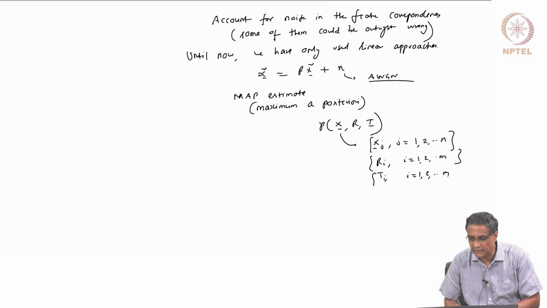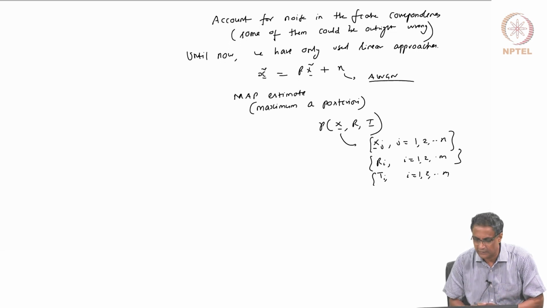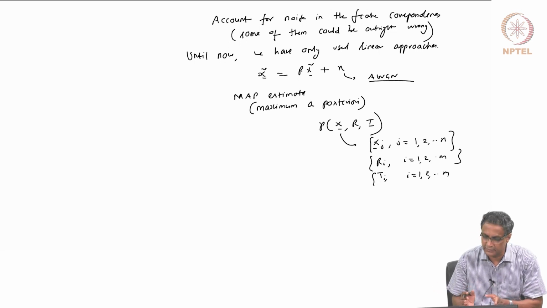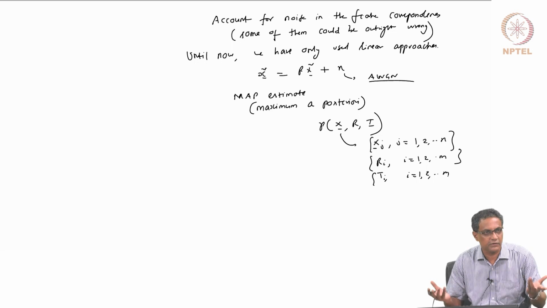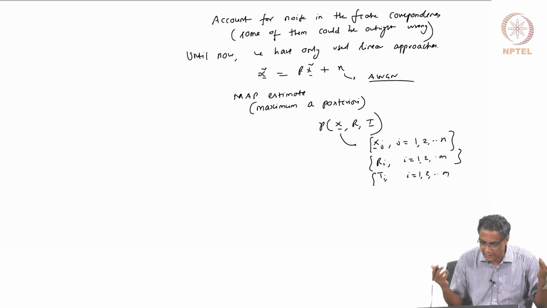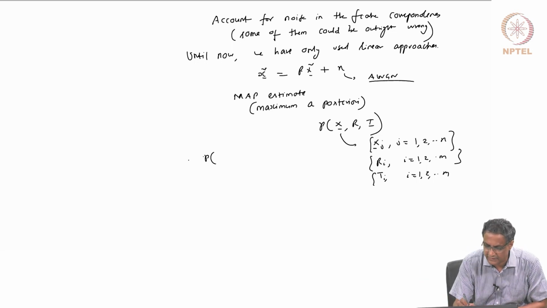And the idea is that when you say maximum a posteriori, what you mean is, after having observed, what have you observed? The feature correspondences, nothing else. So after having observed, you want to maximize p of x, R, t after having seen x tilde.